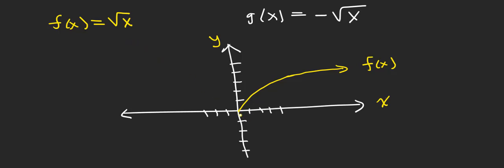So the negative radical x will look something like this. It's the opposite of f of x in terms of using the x-axis as a reflection line. So this is a positive radical x, and this is negative radical x.